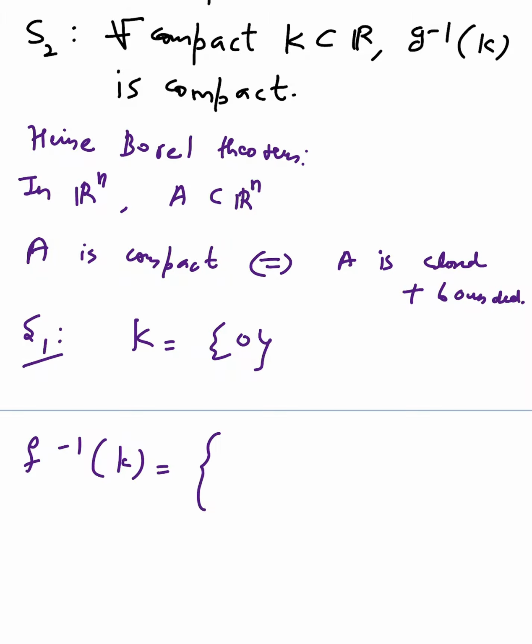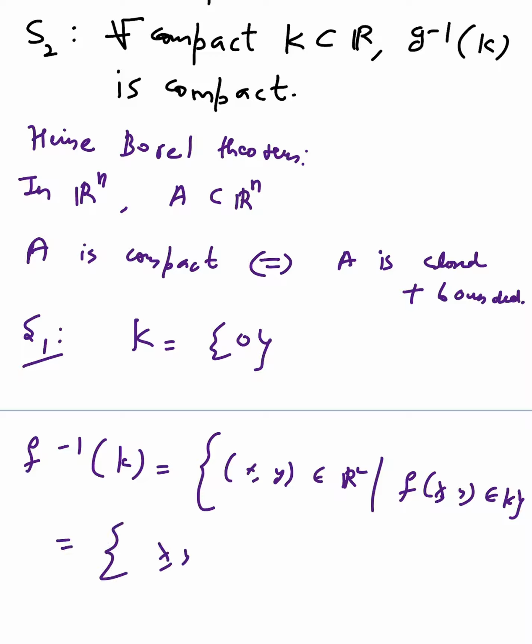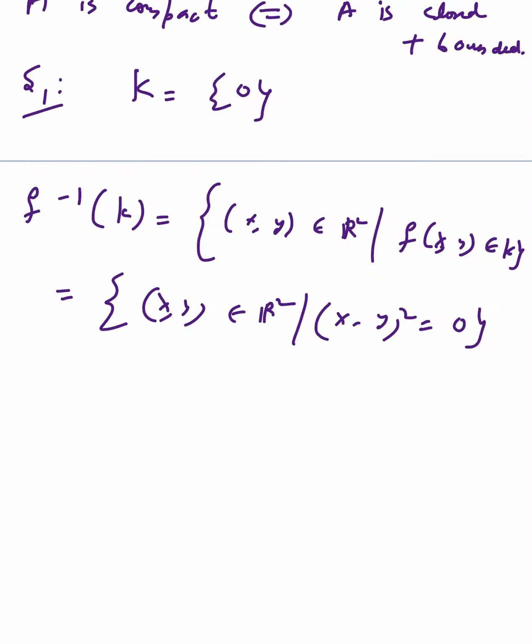Well, in this case, f inverse K is the set of all (x, y) in R2 such that f of (x, y) is in K. But here K is the singleton set {0}, so we get (x minus y) whole squared equal to 0. And this happens precisely when x is equal to y.